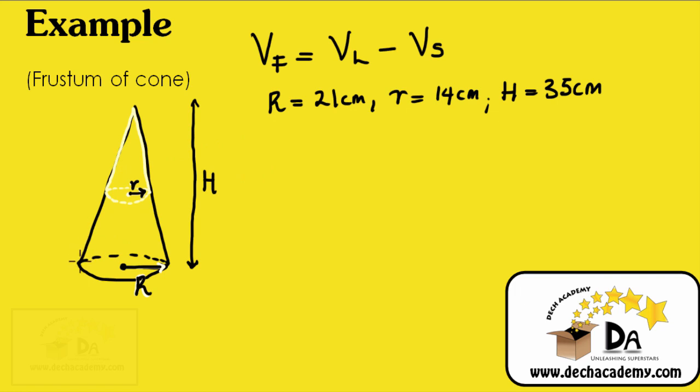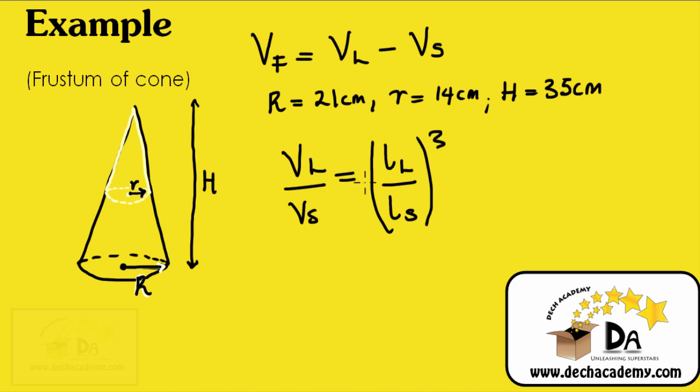Because the large cone and the small cone are similar, the volume of the large cone divided by the volume of the small cone is equal to a linear measurement of the large cone divided by a corresponding linear measurement of the small cone, all cubed. So we've done this when we looked at similar shapes in the previous video.